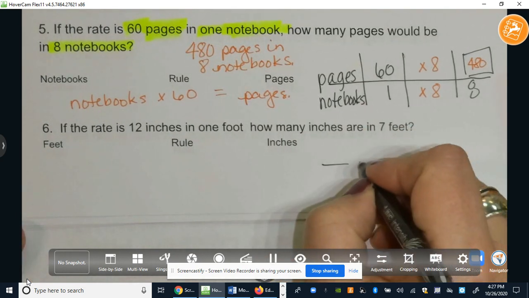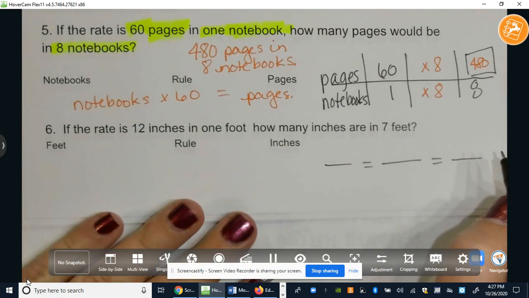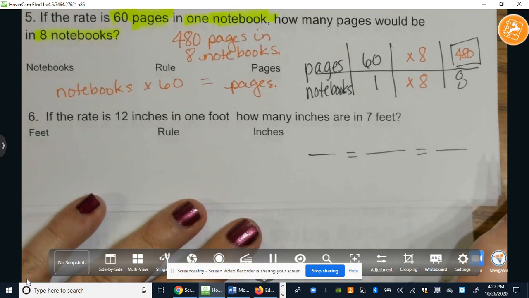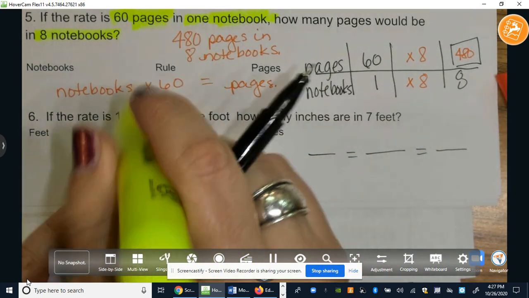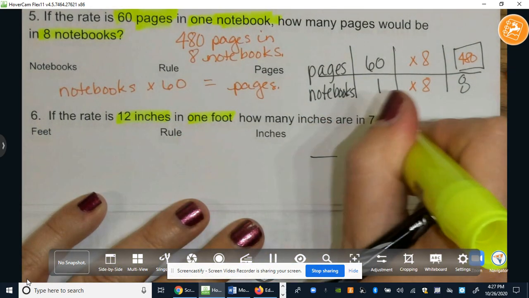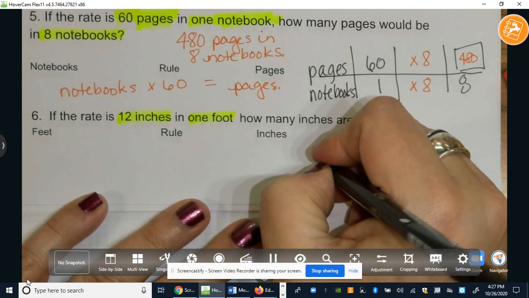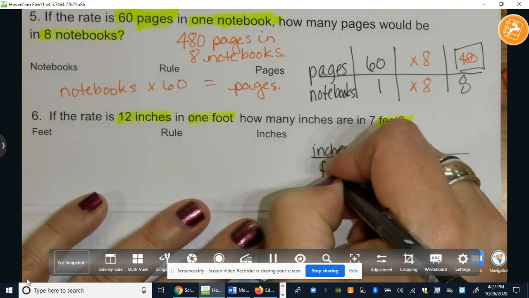So this is our measurement. This helps us with our measurement conversion coming up in Module 8. So we are comparing 2 things, inches and foot or feet. So I'm going to put inches in feet.